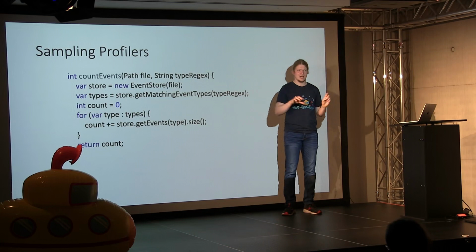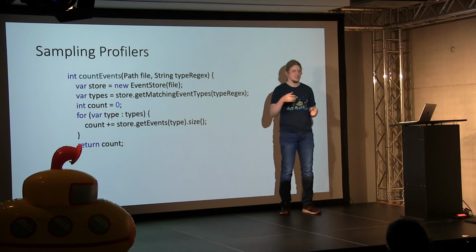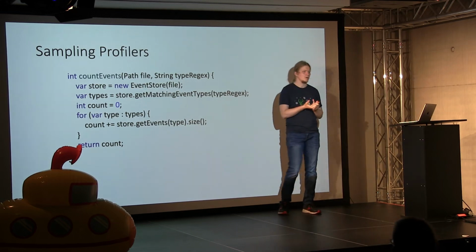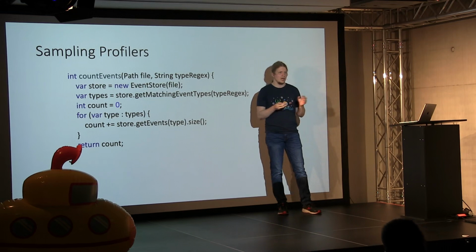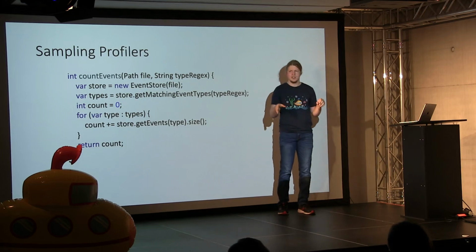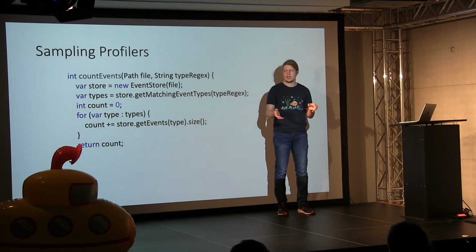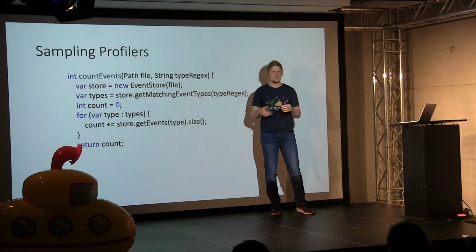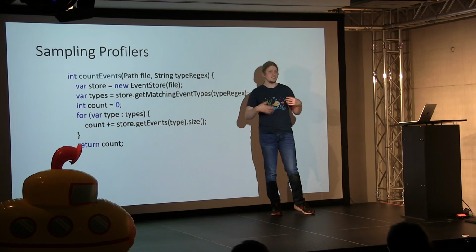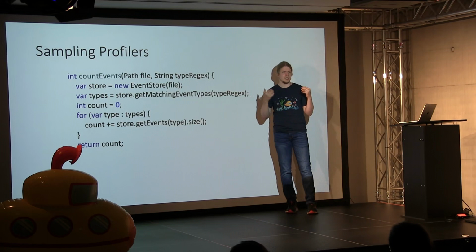Also the overhead is lower because instrumenting profilers use Java, and the normal sampling profilers are written in C or C++. The first of these was developed by Oracle, where they use the same technique that they use to profile C and C++ applications to also profile Java applications. So it was written in C or C++, it was fast, and they got far better results than when you use instrumenting profilers.